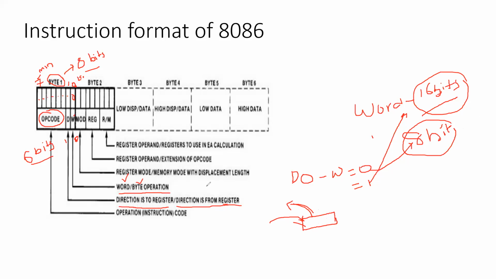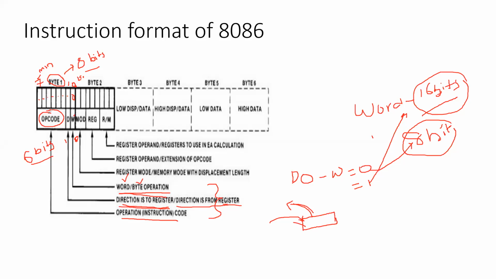So these three values give you the first byte: the opcode, that means the type of operation, the direction of the data transfer, and the size of the data transfer. These three things will be specified in byte 1 of any instruction.